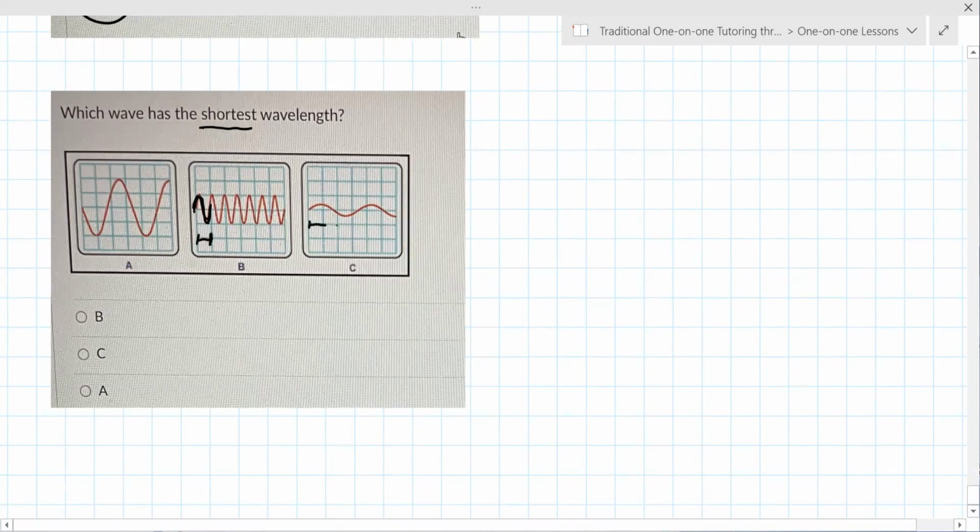And C takes 3.5 boxes to make a full wave, and A, down, up, down, it takes again 3.5 boxes to make a full wave. So the shortest wavelength takes the fewest boxes to make a full wave. Okay.